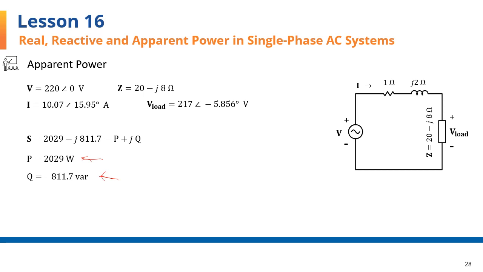The positive sign of the active power indicates that the load is consuming 2029 watts of active power, and the negative sign of the reactive power means that the load is generating 811.7 vars of reactive power.